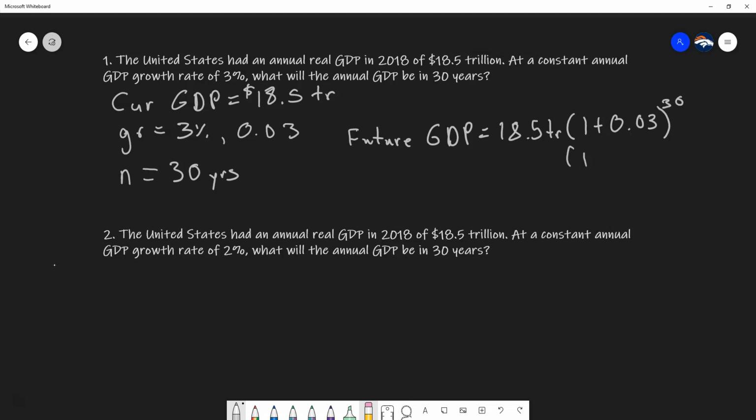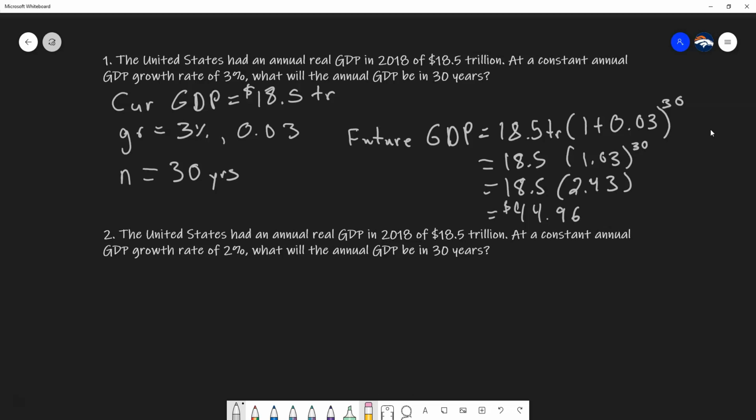So this is 1.03 to the 30th power, which is the same as, and I'm going to round here, if you do it on a calculator, it may not be exactly the same, but it'll be close, I got 2.43 times that 18.5 trillion would give me a GDP, I should say, of $44.96 trillion.